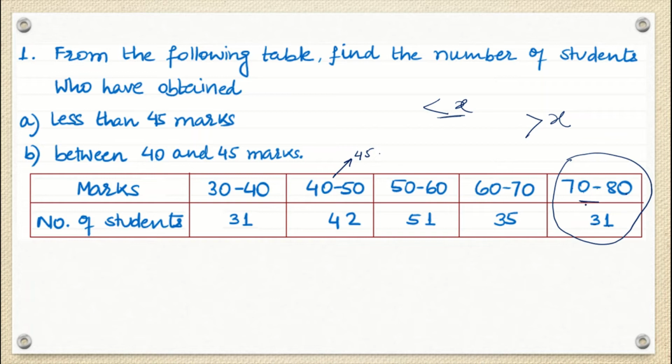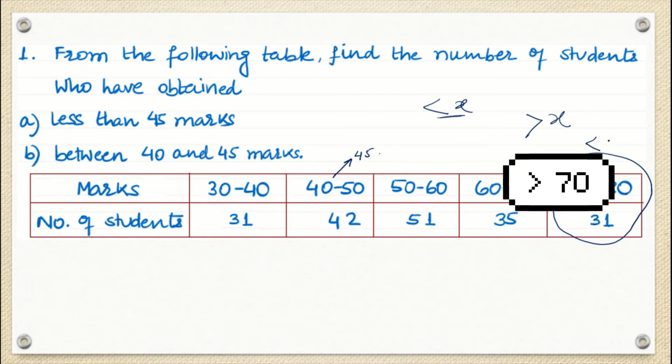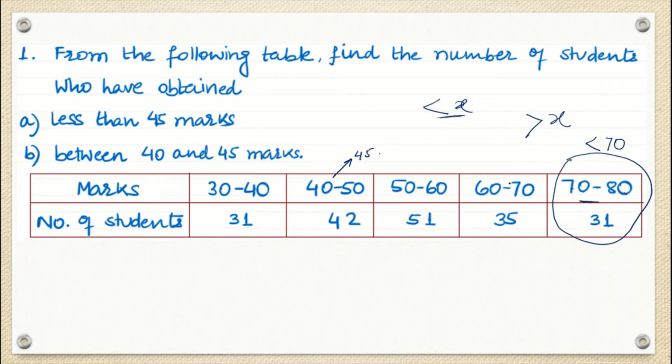That means this column will say that a total of 31 students got marks greater than 70. Now how many students got greater than 60? That will be 35 plus 31, because 35 students got marks between 60 to 70, but more students got even more marks.